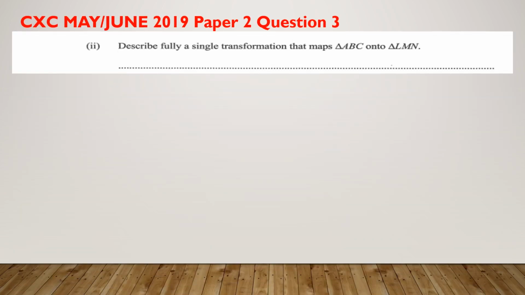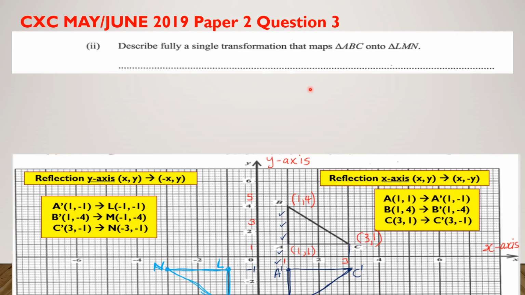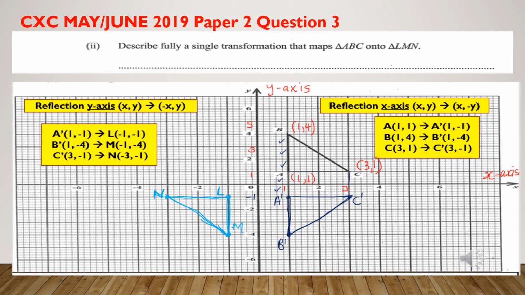Here we have part 2 of the question, which states, describe fully a single transformation that maps triangle ABC onto LMN. So here we have our diagram from the previous question. You notice that we are moving from A, B, C to L, M, N. We want to figure out what transformation moves this triangle to here.